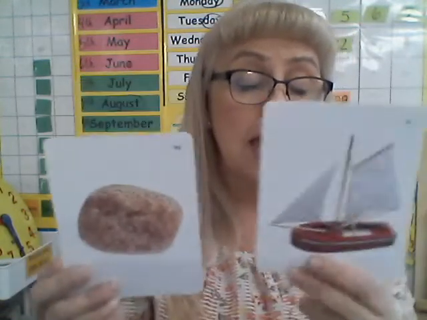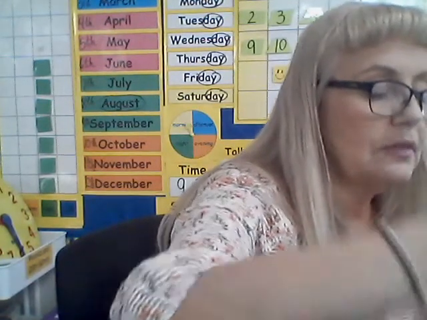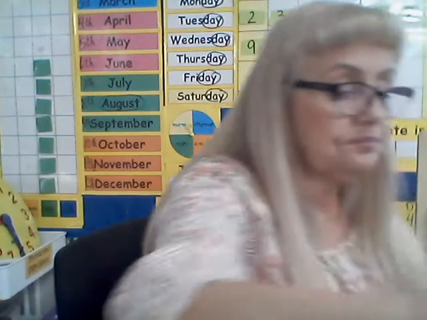So rock has the short O, and boat has the long O. All right, so now we're going to work with trying to figure out, is it a short O or is it a long O? Okay.